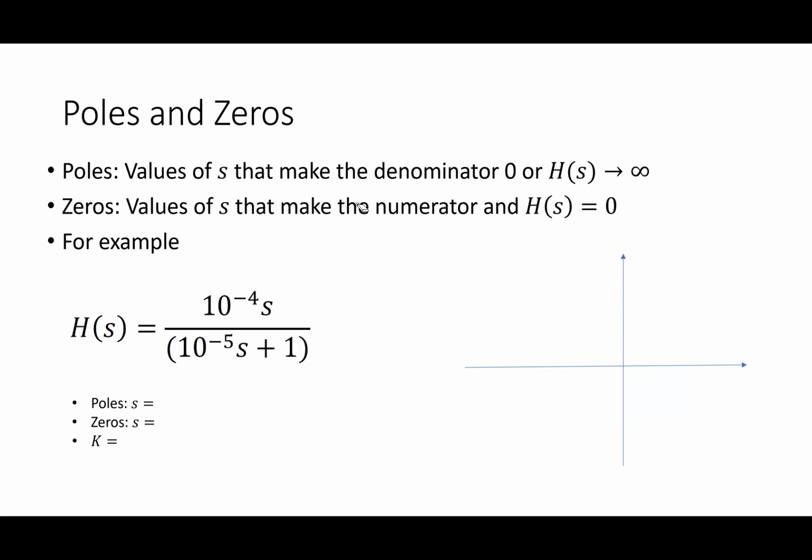It's negative 1 over 10 to the minus 5, which is negative 10 to the 5th, and that has units of radians per second. That's at a particular frequency.